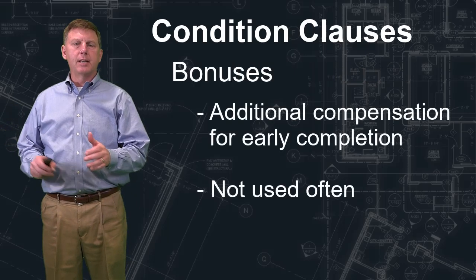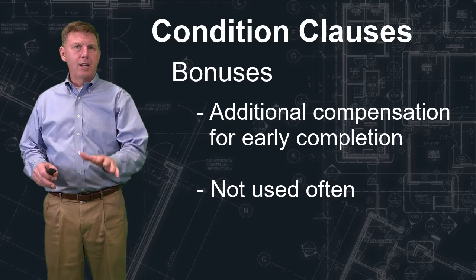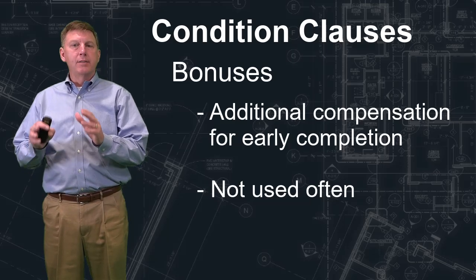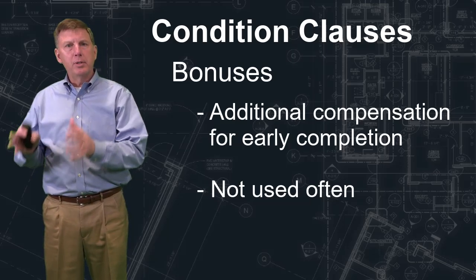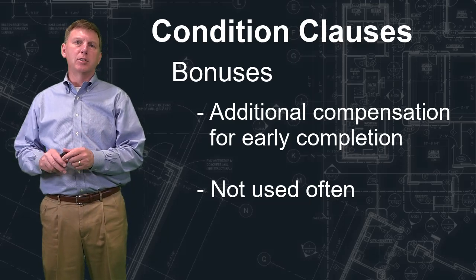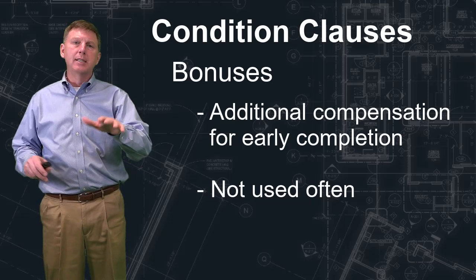At the opposite side of liquidated damages, you might find a clause for bonuses. It's not often used, just like penalties aren't often used. But if there's a sense of urgency to complete a project by a certain time or earlier, you might see a bonus clause. A great example of this is when the I-85 bridge collapsed in Atlanta.